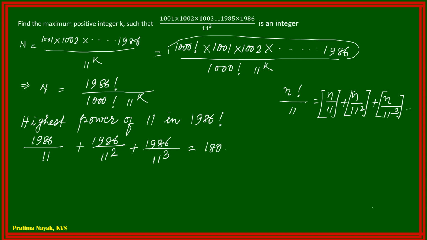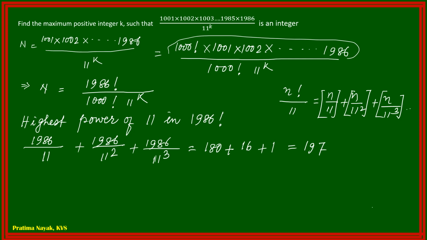You can verify, I'm not doing the rough work here. 1986 divided by 121 gives us 16, and 1986 divided by 1331 will certainly give us 1. So the total is 197.